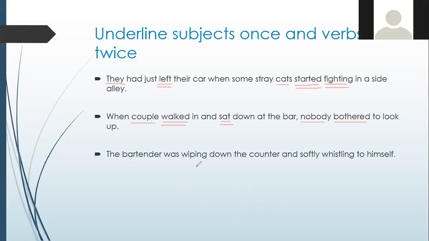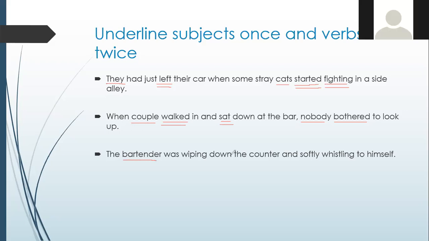Was. That is the verb. The wiping subject. The subject. It could be probably, I don't know, probably Sophie or the bartender. Bartender. Bartender is the subject. Good. And the verbs?